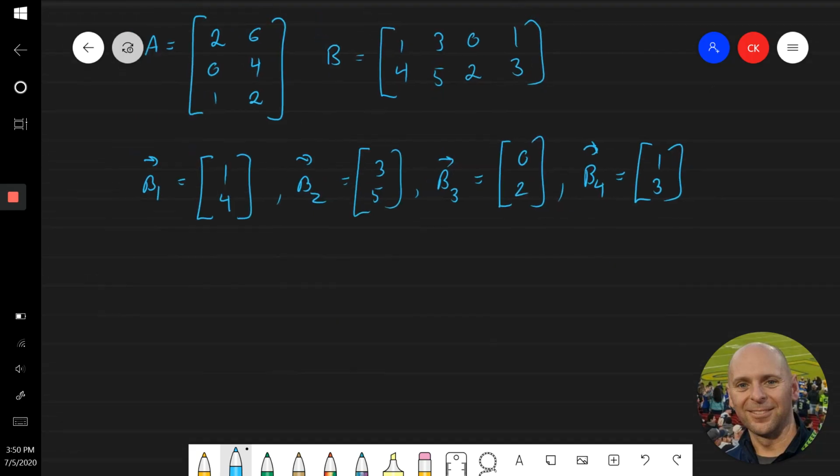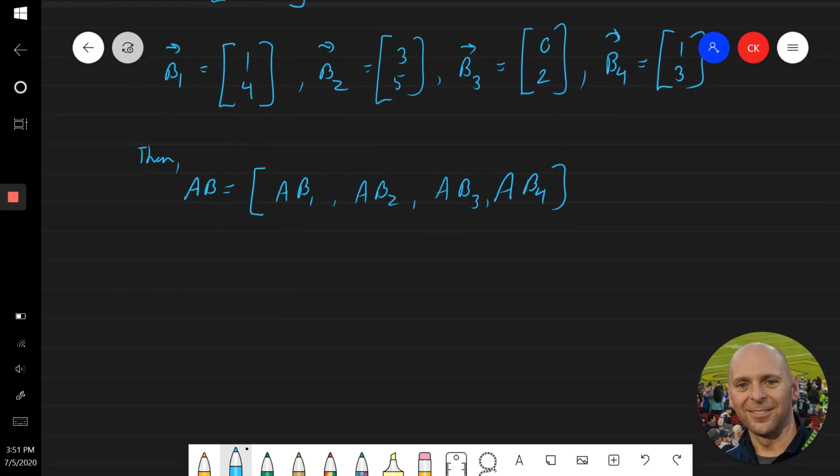Then we can define A times B using our alternate definition, if you will. A times B is going to be equal to the matrix you get when you take matrix A times B1, and then A times B2, and then A times B3, and A times B4. So each of these is a column matrix, like in Theorem 5. As we take A times B1, we get a column matrix, A times B2, we get a column matrix.